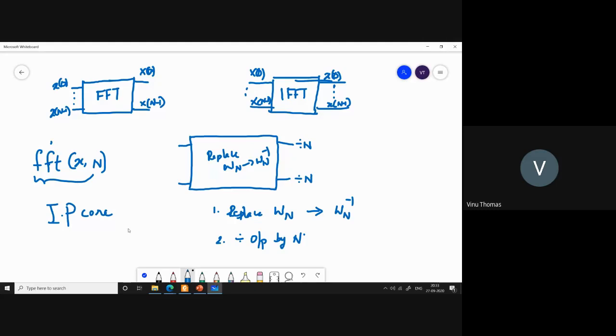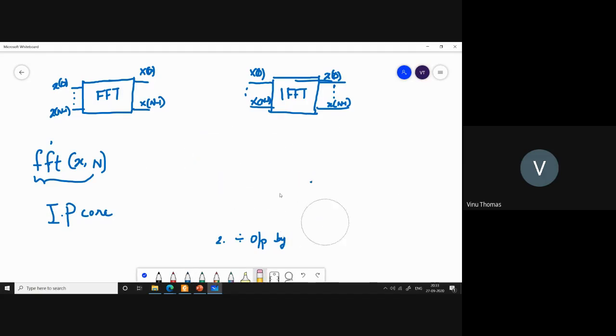So maybe the best method would be not to replace the FFT structure. You have to use whatever is available here. You have a function for FFT, so that function has to be reused. This is the function FFT.